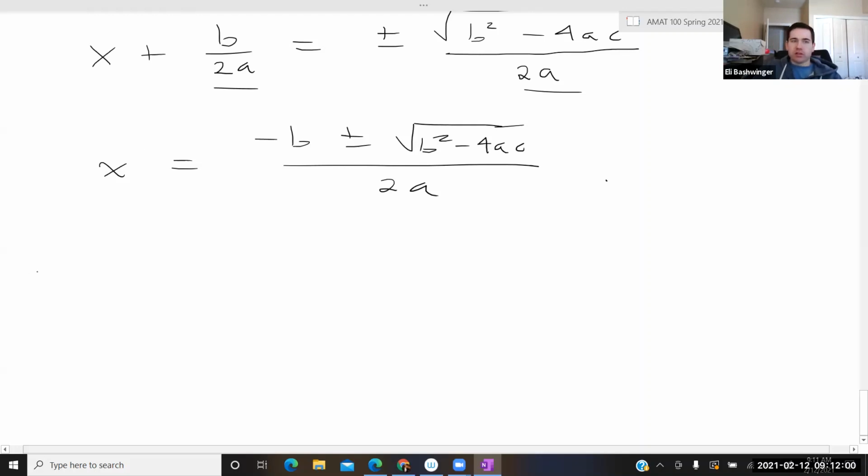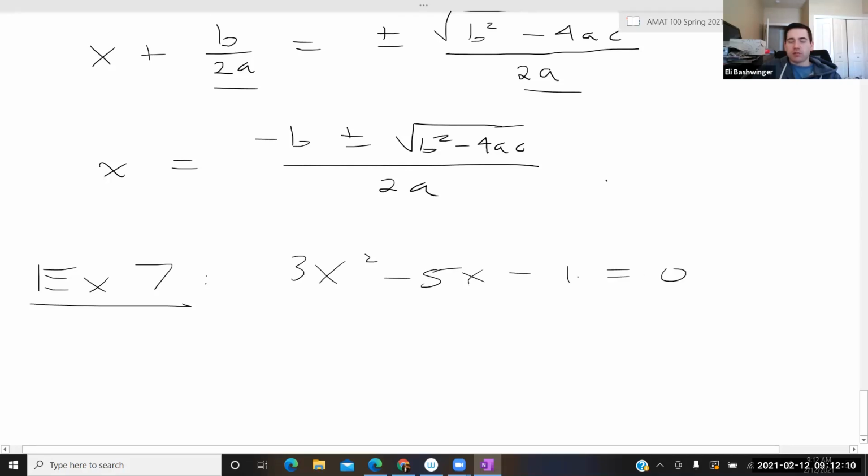So this is example 7 in the book. You have 3x squared minus 5x minus 1 is equal to 0. In the two examples I gave above, in the first example we didn't have a coefficient other than 1.